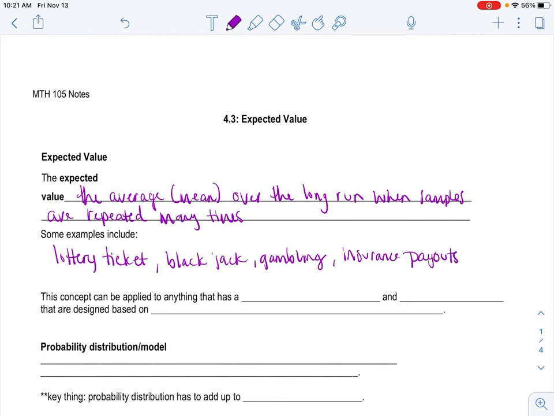This is really helpful to know because this determines how much a company would charge you to play a certain game or charge you for insurance, like car insurance, to make sure, of course, that they make a profit. So this concept can be applied to anything that has a cost to play.